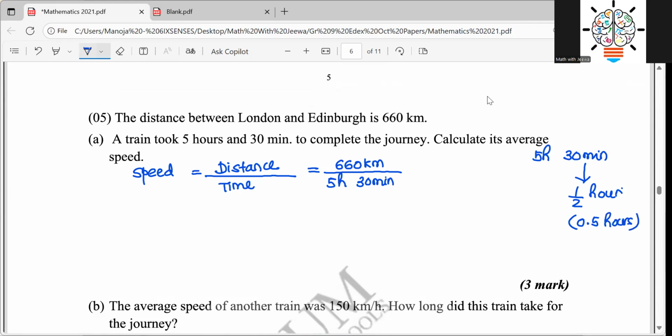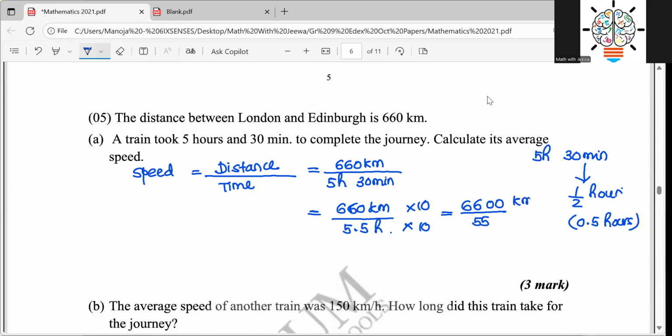So I can write 660 kilometers divided by 5.5 hours. When you have a decimal in the denominator, I multiply by 10 to remove the decimal. Now it is 6,600 divided by 55.